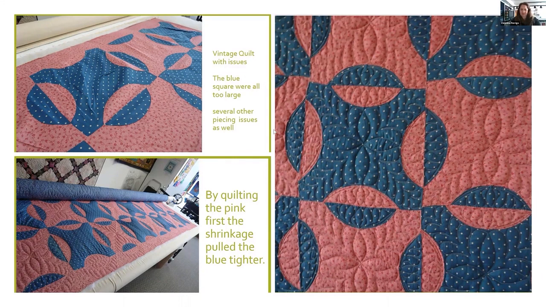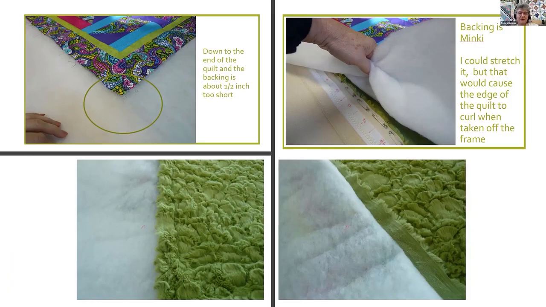Okay, so this is another one, Paige, that you sent us where you were using shrinkage to your advantage. And this also goes into how you load quilts normally. Okay, I generally do load my tops, and I get down to the bottom and I take it off the zipper. And in this case, my top was a little bit longer than the backing. And if I would have just quilted it as it was, I would have quilted over those pins. It was minky.